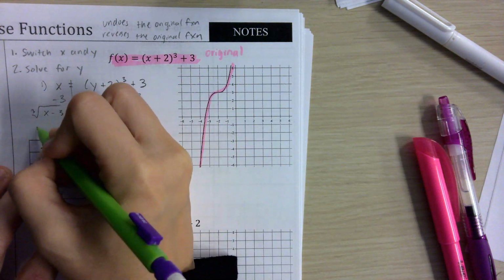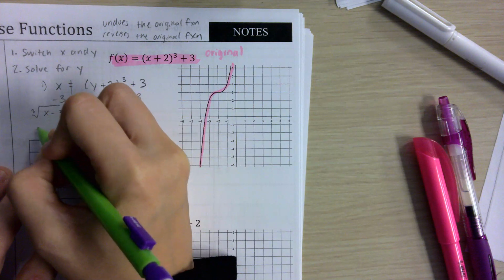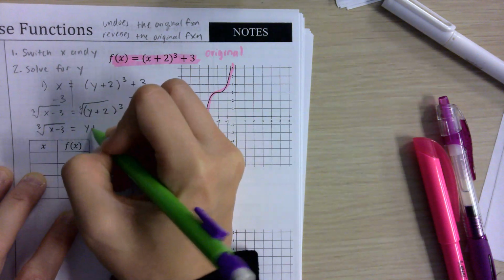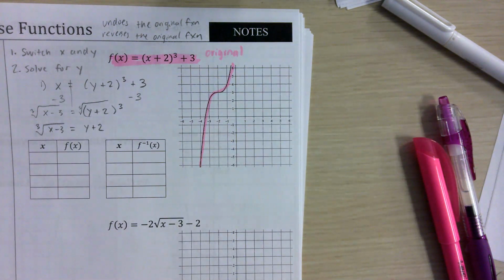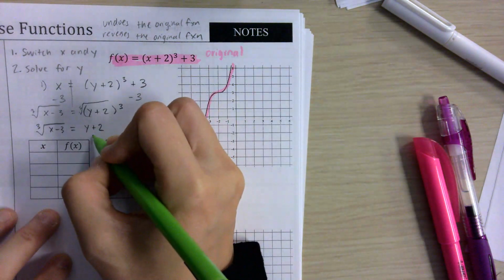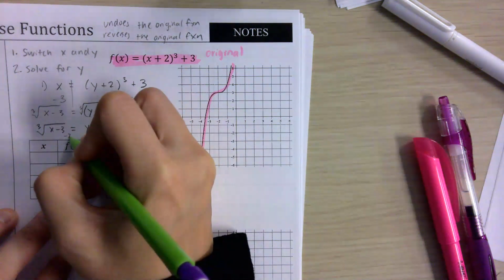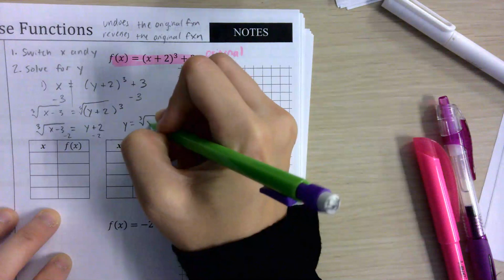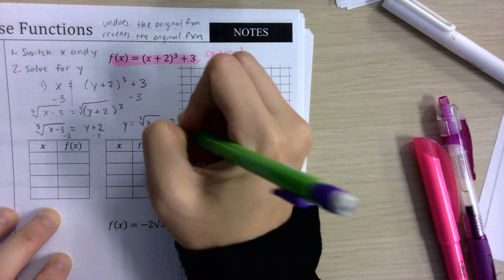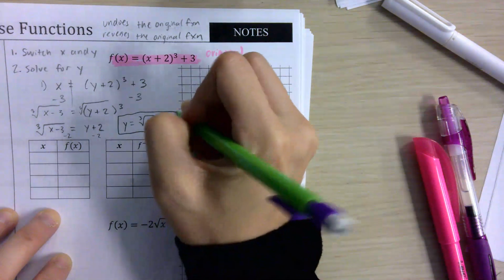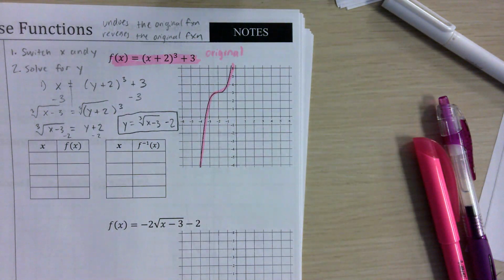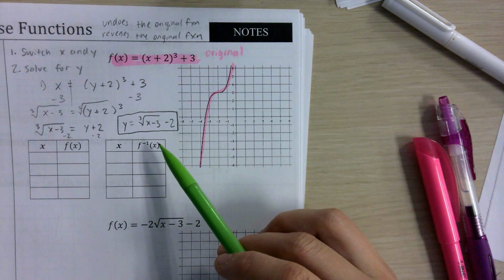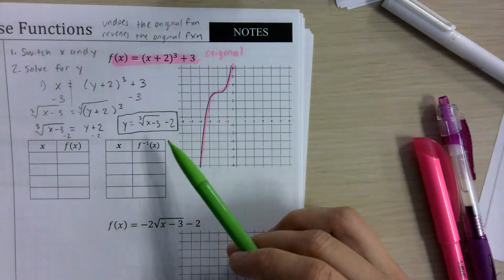So we're left with the cube root of (x minus 3) equals y plus 2. And then we subtract 2 from both sides. So we get y equals the cube root of (x minus 3) minus 2. So this is our inverse function.